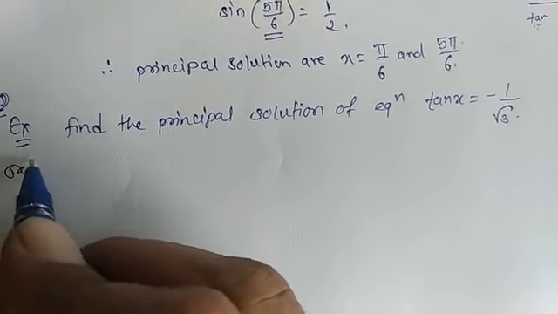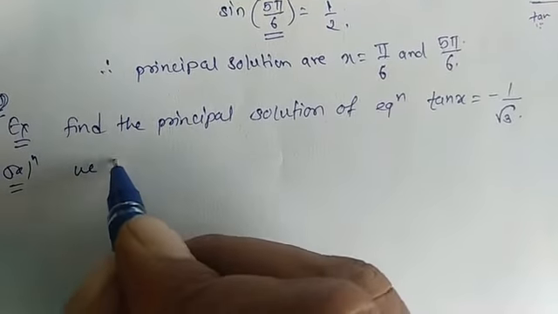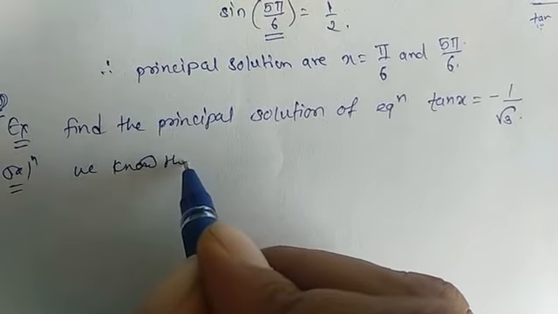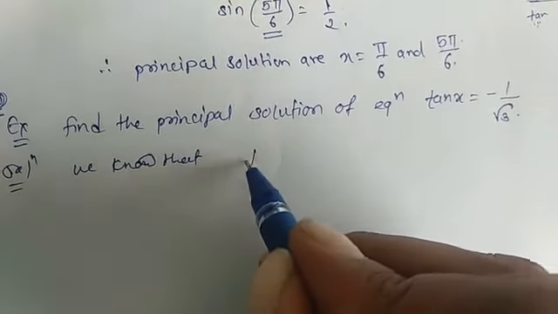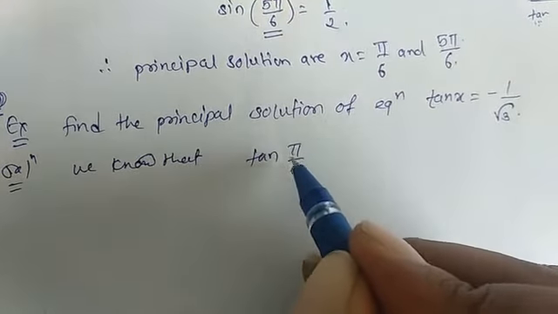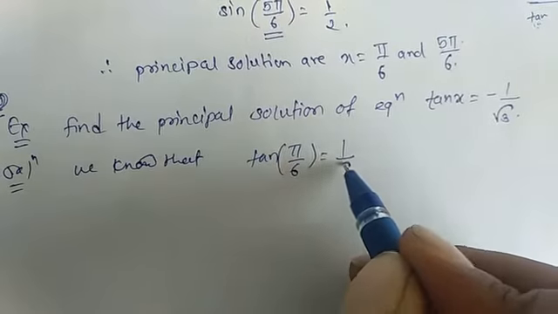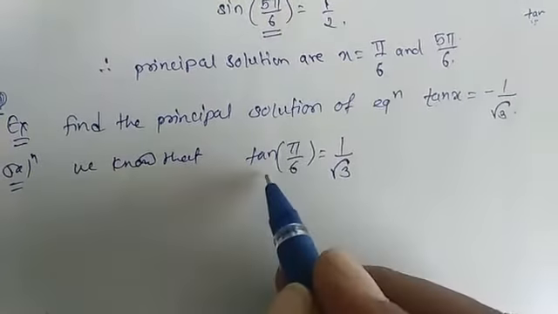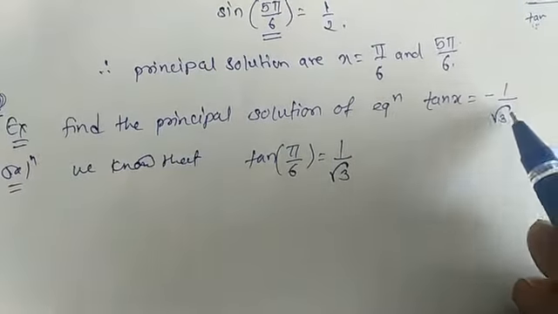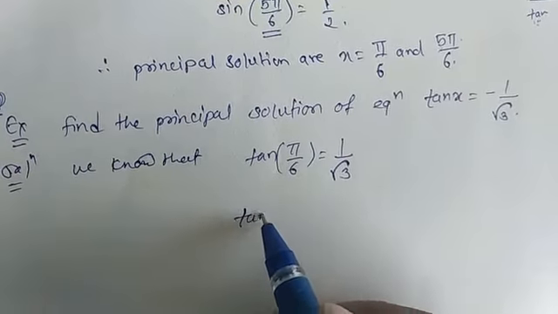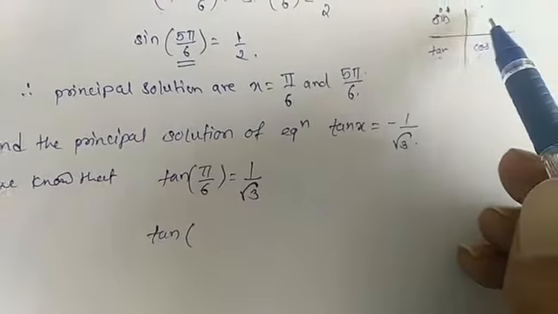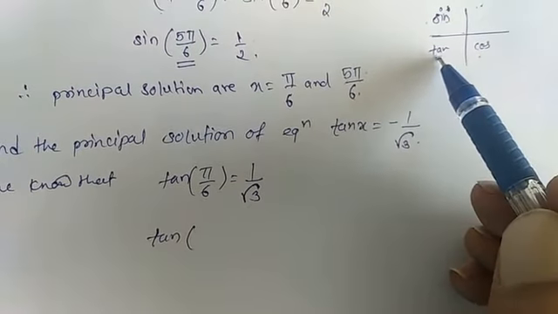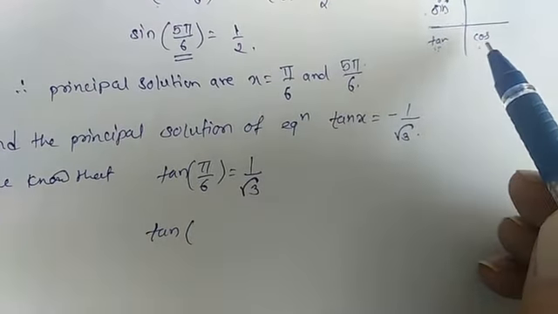In this we know that tan(π/6) is equal to 1/√3. Here it is given as −1/√3, so you know that tan is negative in the second quadrant.